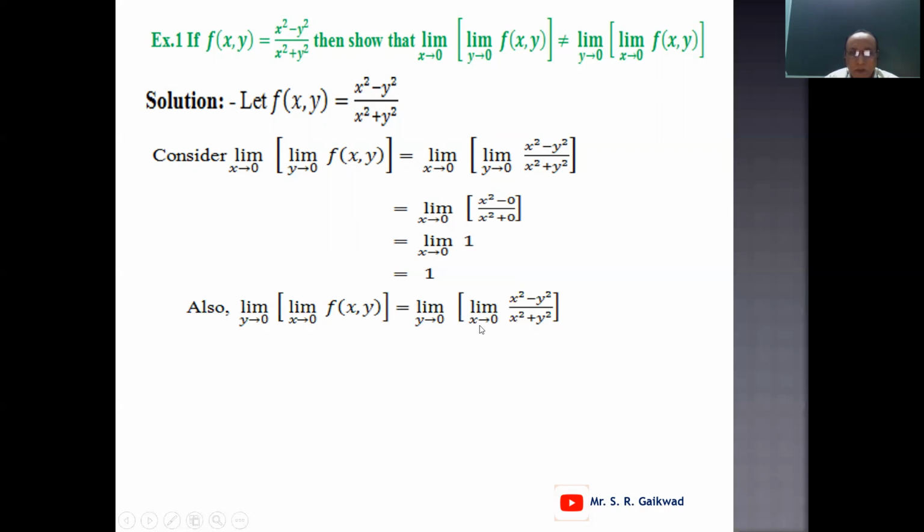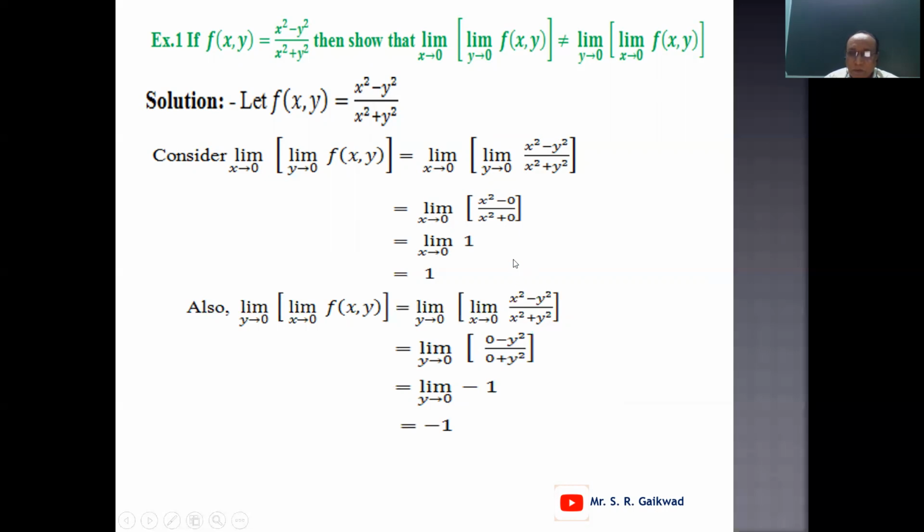Here first we find the limit as x tends to 0, and therefore we put x equal to 0, and we get the limit as y tends to 0 of (0 minus y square) upon (0 plus y square). That gives minus y square upon y square, cancel, we get minus 1. Therefore the limit as y tends to 0 of minus 1, the value of the limit is minus 1.